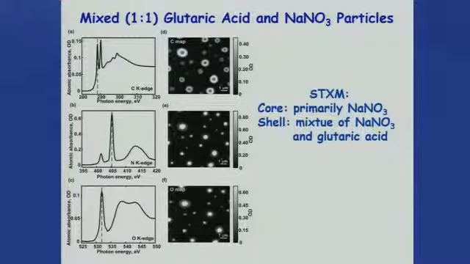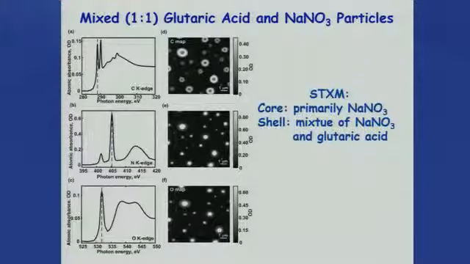And here are examples of the spectrum and the corresponding maps at the carbon, nitrogen, which kind of got lost, I guess, and oxygen, where you can very clearly see, if you look at the carbon, that the shell, as we call it, consists primarily of acid and some inorganic component. The core consists primarily of inorganic components, sodium nitrate.